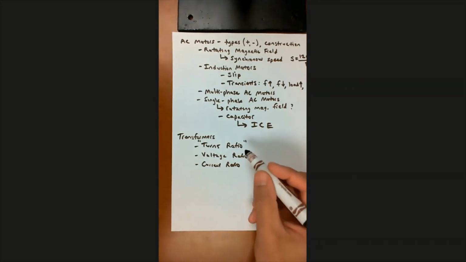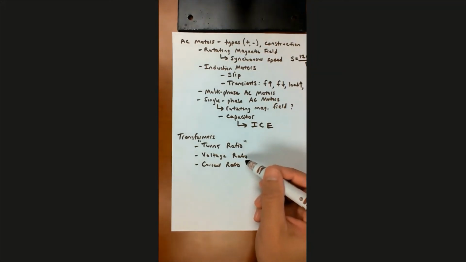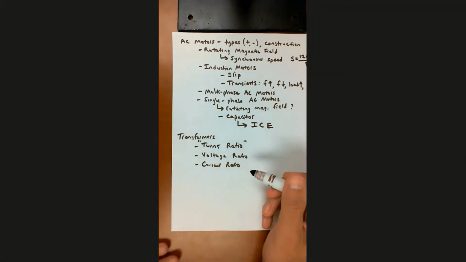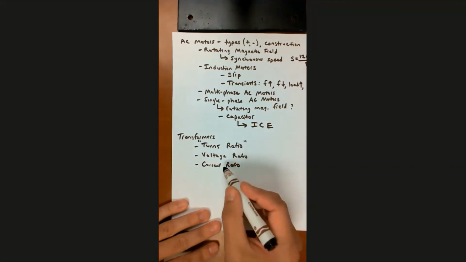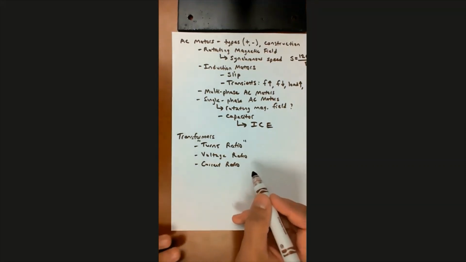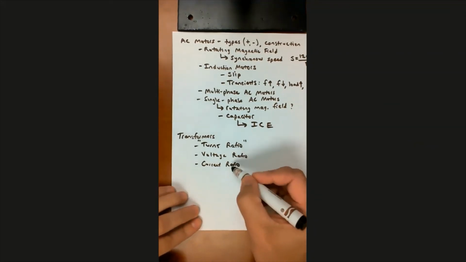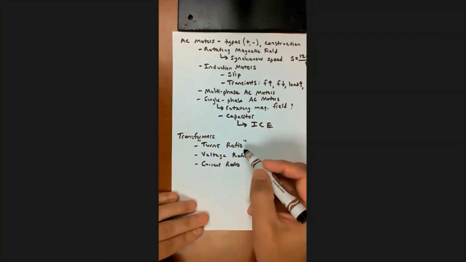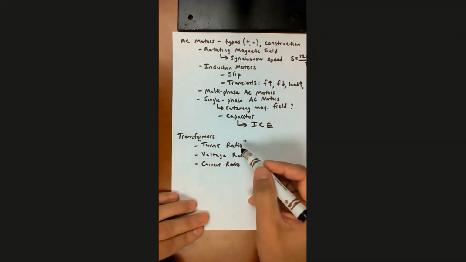I might give you the turns ratio and the primary voltage, and you have to find the secondary voltage. Or I might give you the turns ratio and the secondary current, and you have to find the primary current, things like that. So you need to be very comfortable using these, there's really just two equations where you set these things equal to each other for transformers.